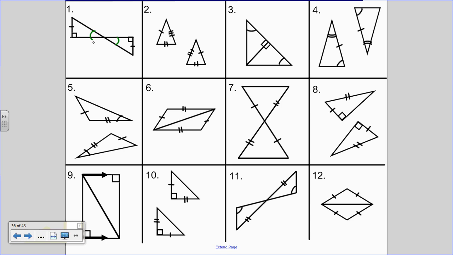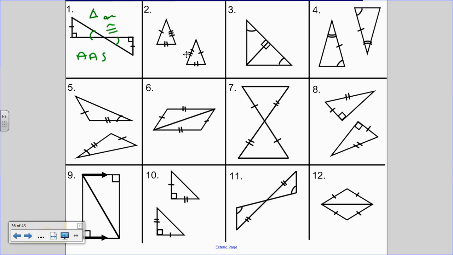So we have angle, angle, and a side opposite the angle. So yes, the triangles are congruent, and they're congruent because of angle, angle, side, meaning the two given angles and a side opposite the angle.